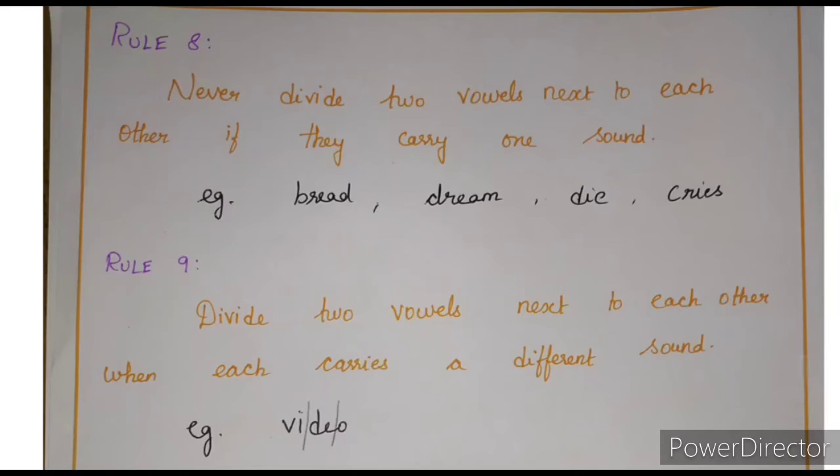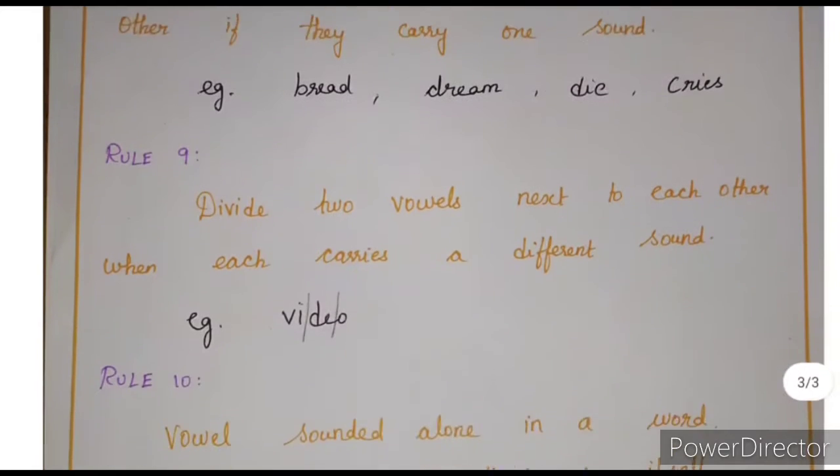For example, see here: bread, dream, die, cries. So here I cannot divide die, I cannot say di-e. So together, die, bread, I cannot say bre-ad. Okay, so never divide 2 vowels next to each other if they carry one sound.